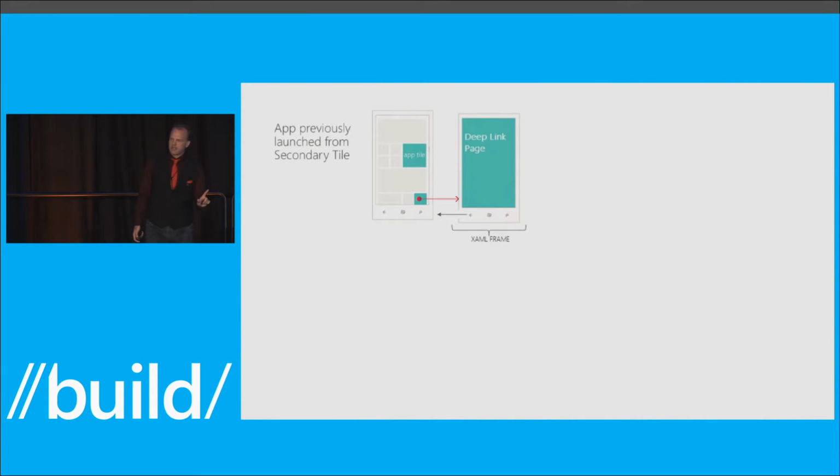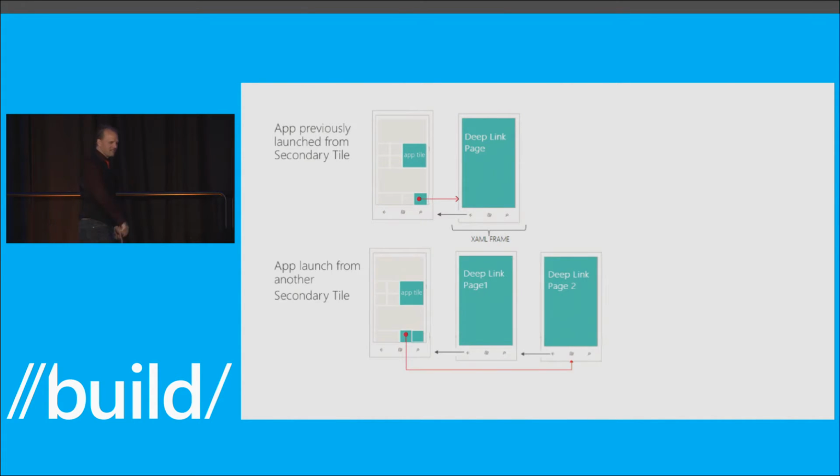The other way around, so the user actually got a deep link first, and then they go and press that secondary deep link. Yep, reuse that XAML frame. It's probably something that you don't want to do, to create a new XAML frame for every secondary entry point.